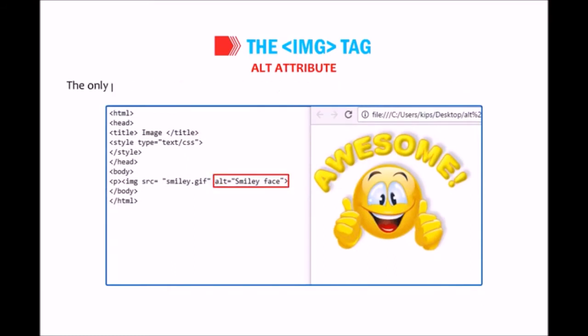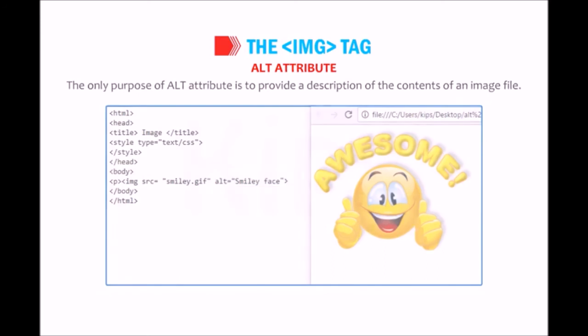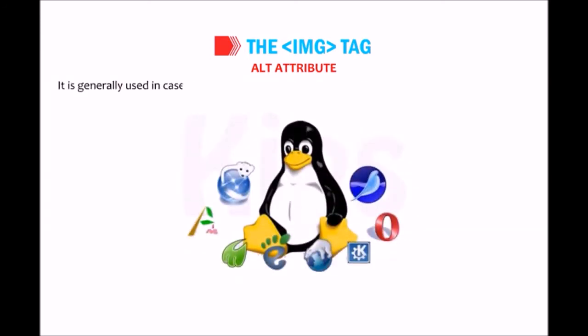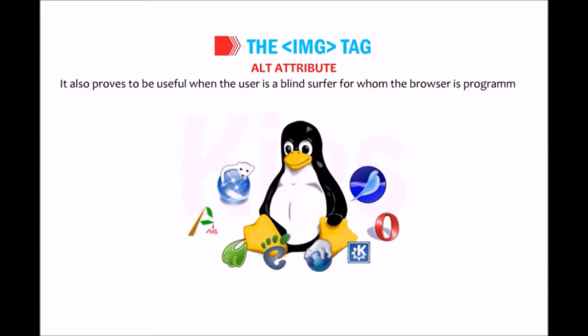The only purpose of alt attribute is to provide a description of the contents of an image file. It is generally used in case the user is having a text-based browser on his computer, such as Linux. It also proves to be useful when the user is a blind surfer for whom the browser is programmed to read aloud the alternate text instead of displaying the image.